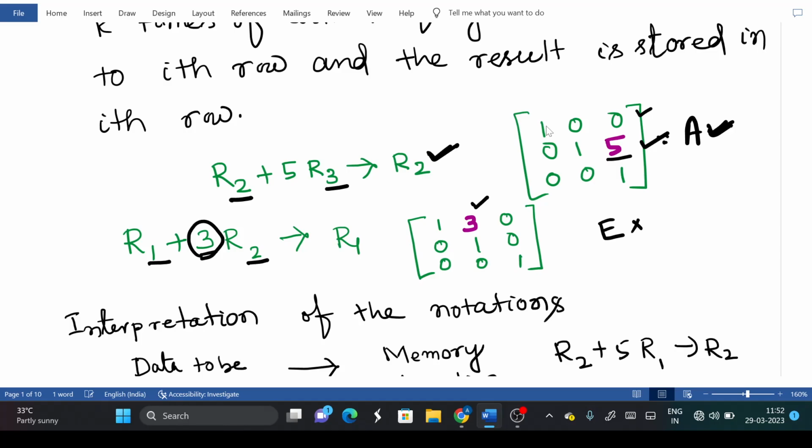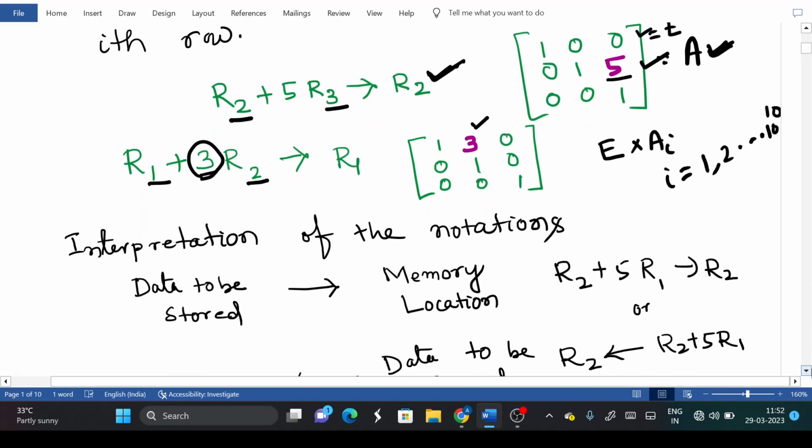Suppose its name is E. So E multiplied with Ai, where i varies from 1 to 10 to the power 10. In one line command, in all these 10 to the power 10 matrices, this operation will take place. That is the significance of elementary matrices, and that's why we are analyzing and storing elementary matrices.